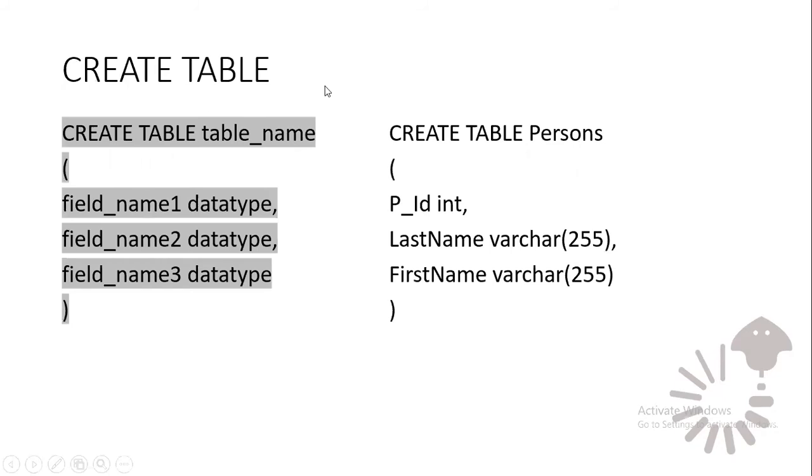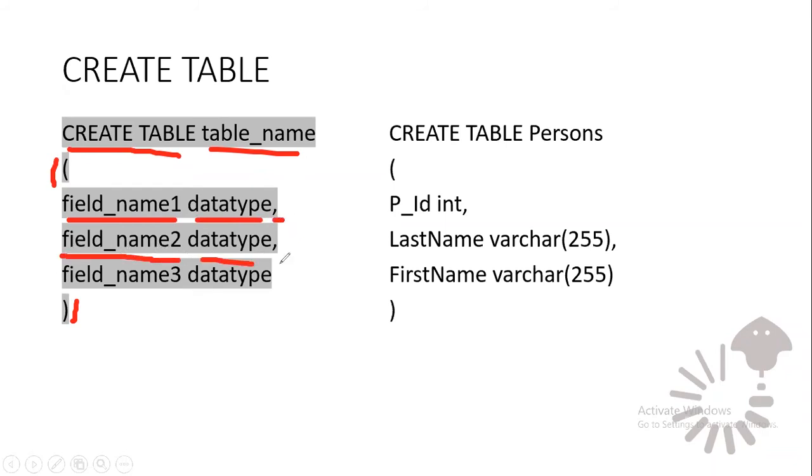For create table, again, anong gagawin niya? Very simple. Kikreate siya ng table. Keyword, create table, followed by, anong pangalan ng table natin? Followed by, enclosed in parentheses, the names of the fields. Field number 1, the data type, separator, comma. Field number 2, data type, separator, comma, and your last field and the data type.